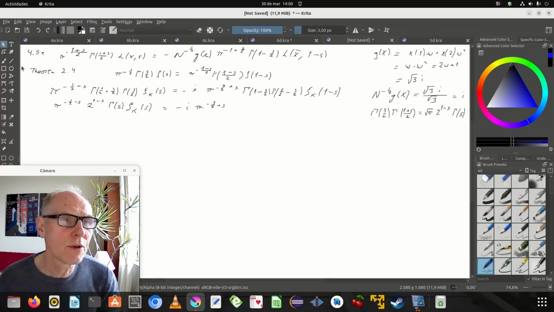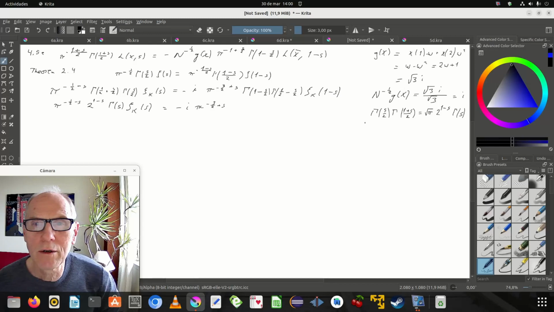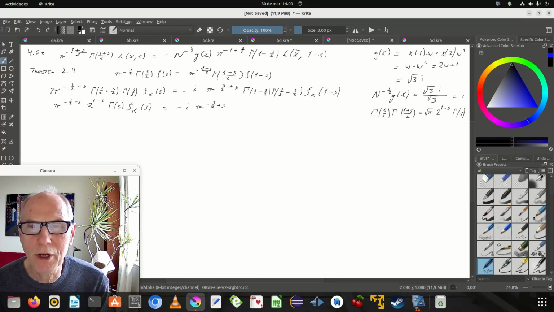I think we should do the substitution explicitly. This is the larger, so we substitute s with s plus 1. That's easy.